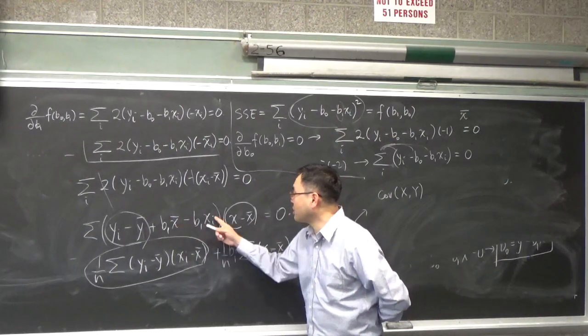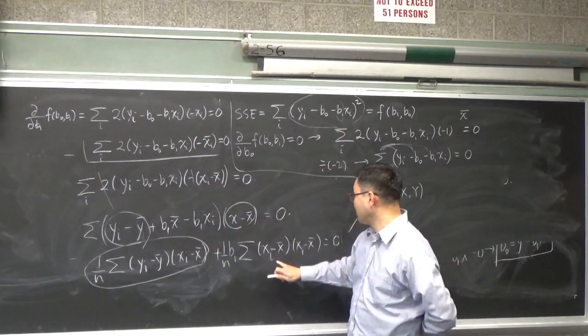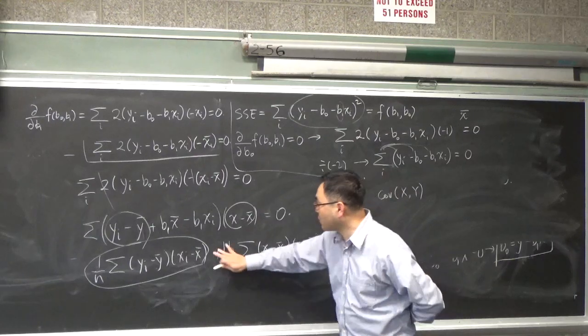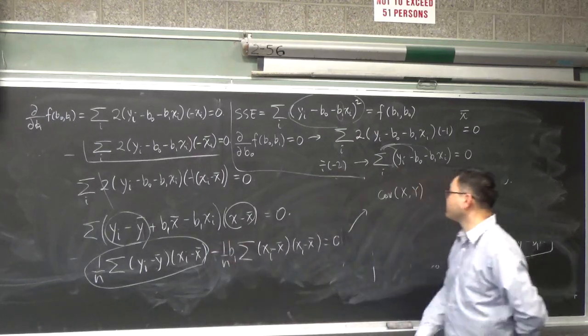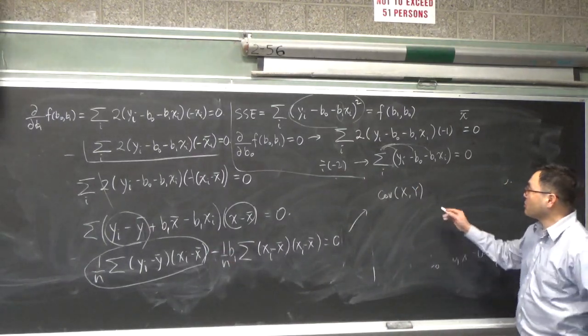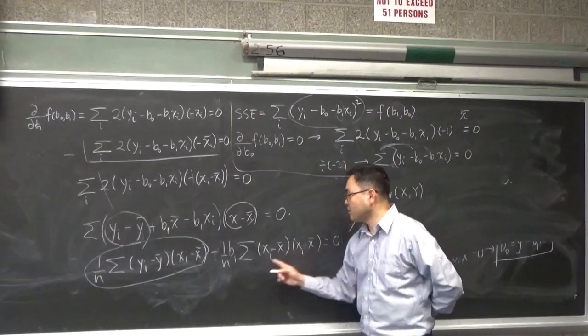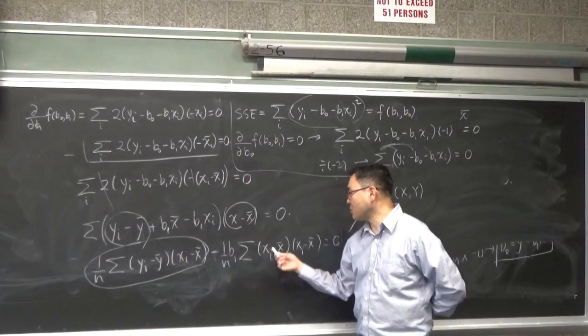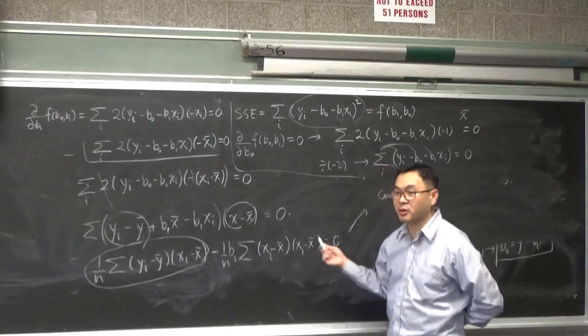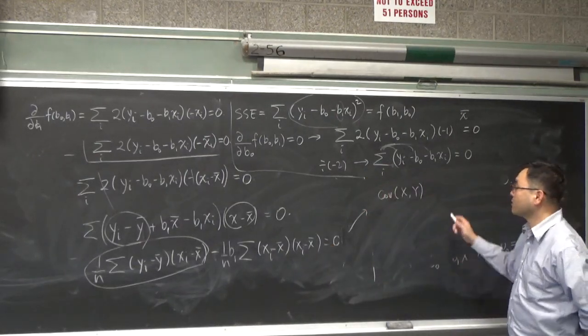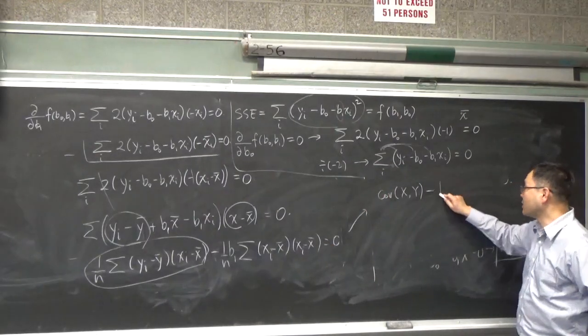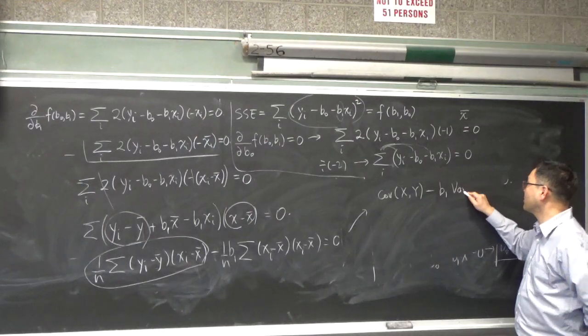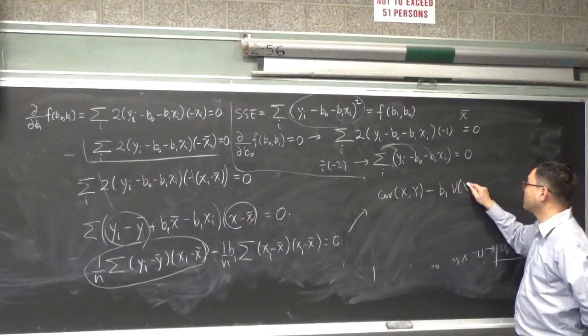This is x bar minus xi. So to make it xi minus x bar, there should be a minus. Okay. So this formula becomes this second one. What is 1 over n times summation of xi minus x bar squared? What's that? That's the variance, or just V of x, right?